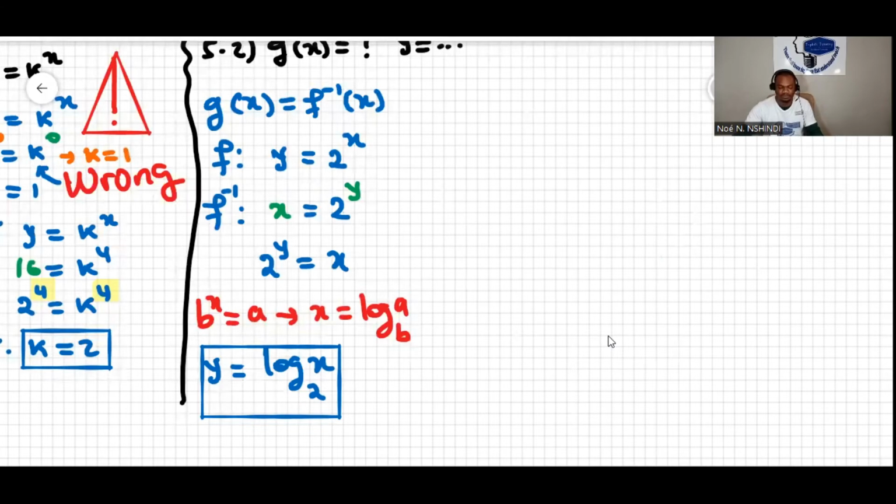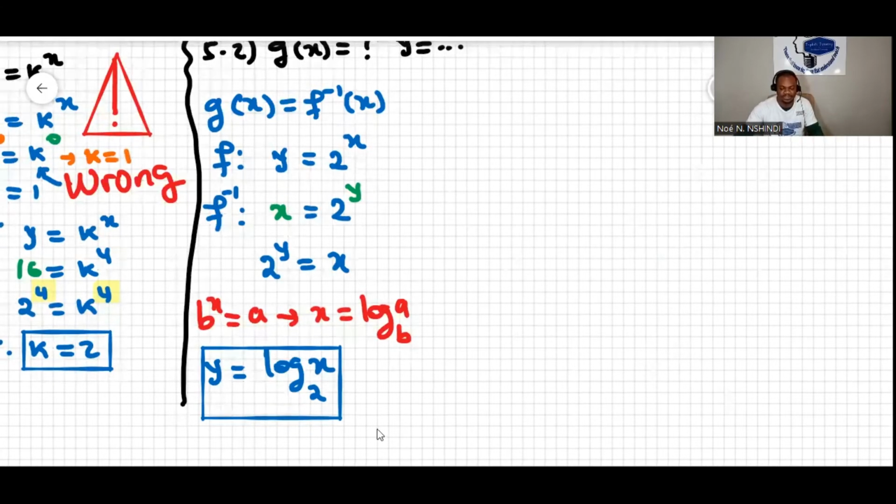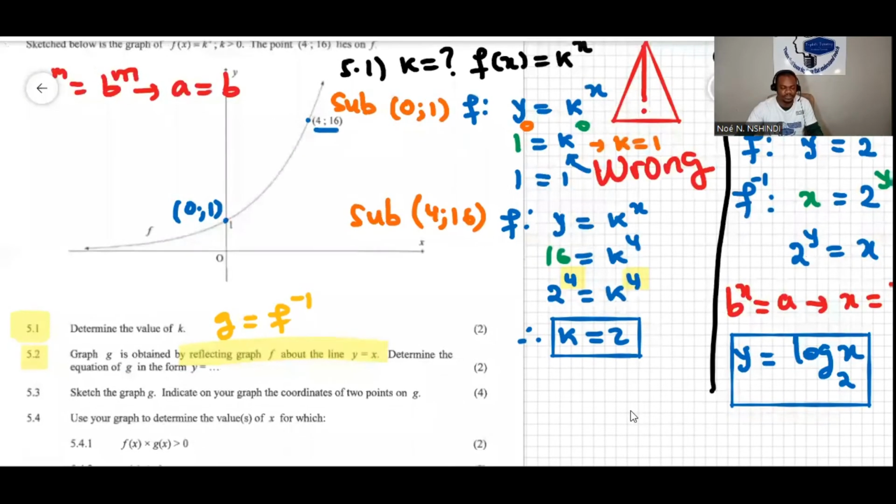And then the next question is question 5.3. The question says: sketch the graph of g, indicating on your graph the coordinates of 2 points on g.